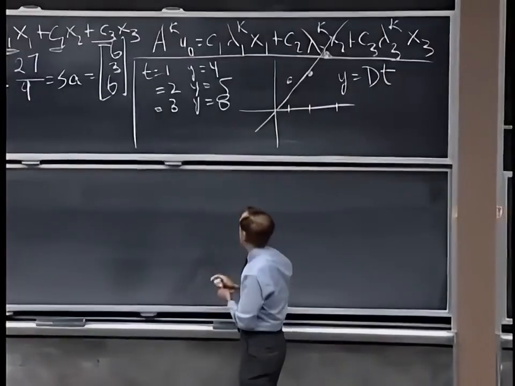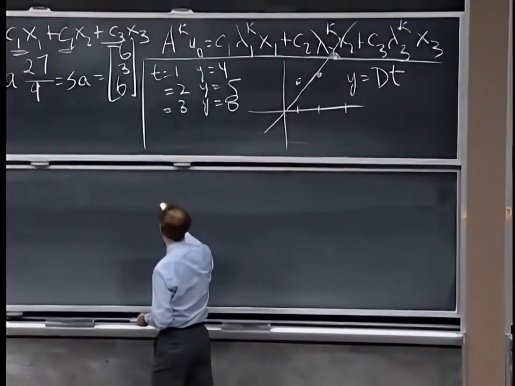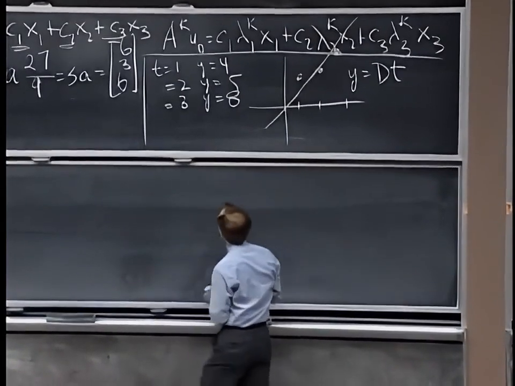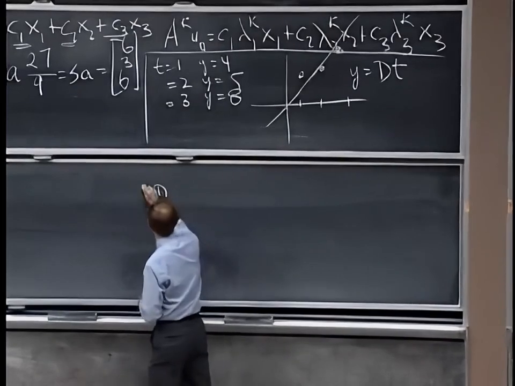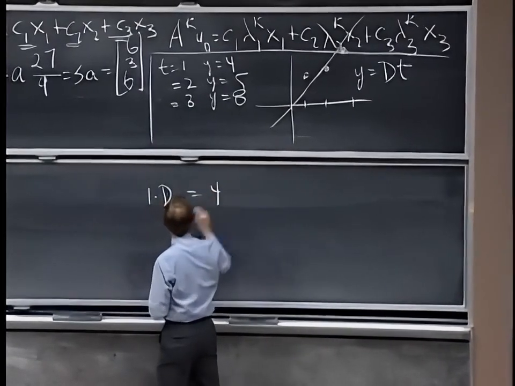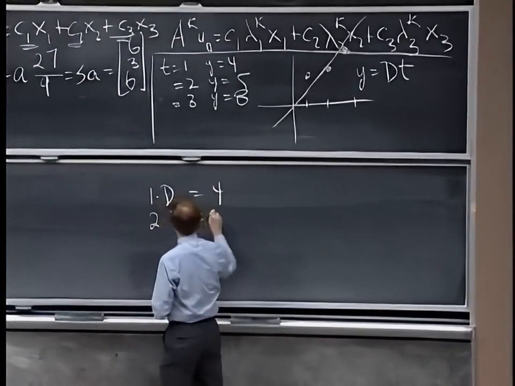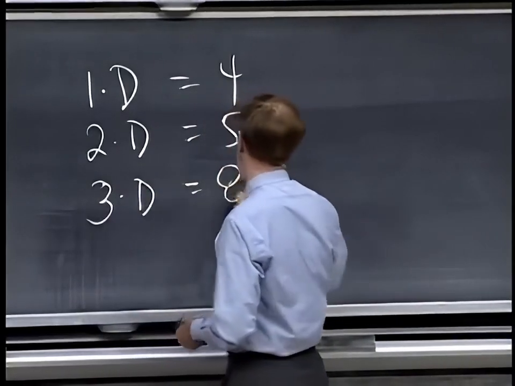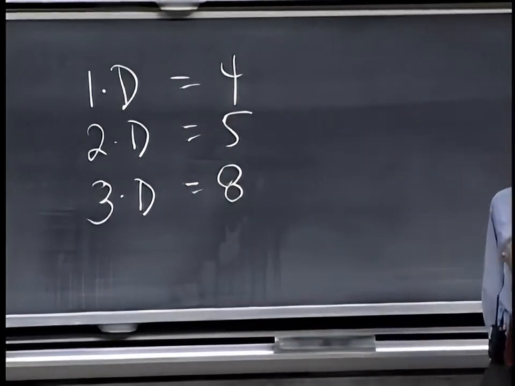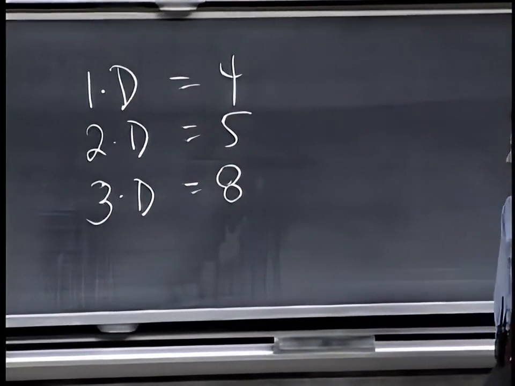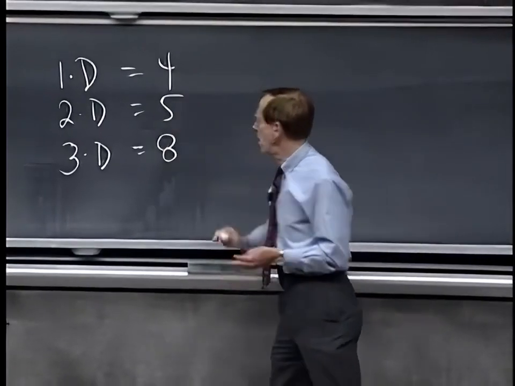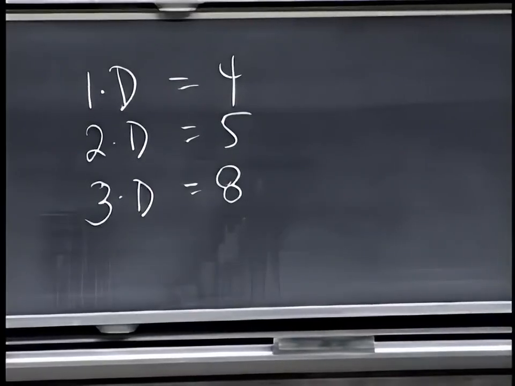So can I continue that problem? We would like to solve, so y is dt. So I'd like to solve 1 times d equals 4, 2 times d equals 5, and 3 times d equals 8. That would be perfection. If I could find such a d, then the line y equal dt would satisfy all 3 equations, would go through all 3 points, but it doesn't exist.